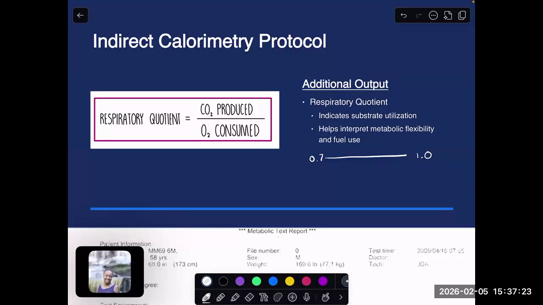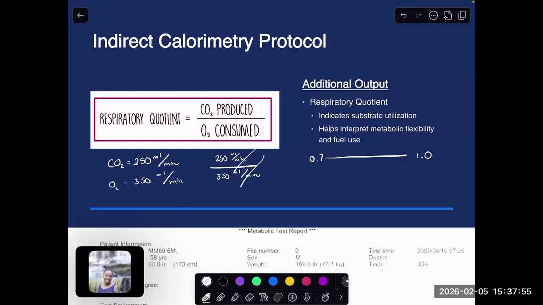So, for example, if the carbon dioxide produced on average during a test is 250 milliliters per minute, and the oxygen consumed is 350 milliliters per minute, we are going to get an equation set up of 250 divided by 350, hugging as tightly as possible to the units. Milliliters per minute are going to cancel out across the board.